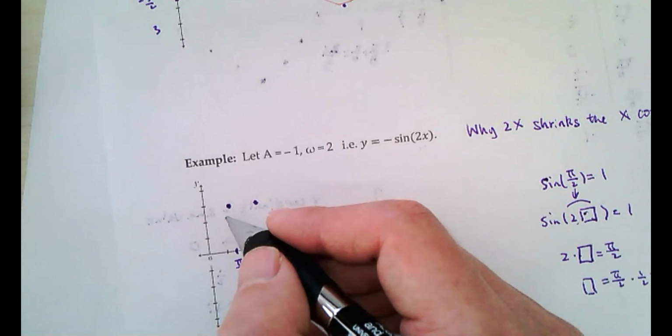So this is just one of the points. How about the other point? Originally, we have sine pi over 6 equal to 1/2. Again, sine 2 times this value equal to 1/2. We need to find a new value which makes it 1/2.